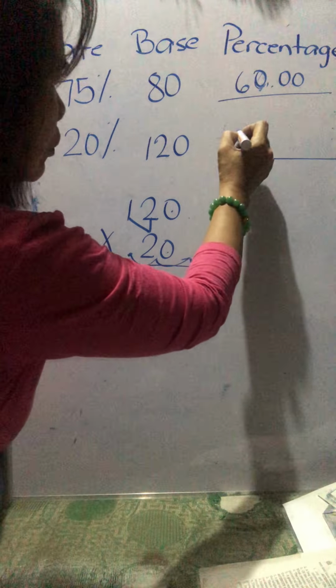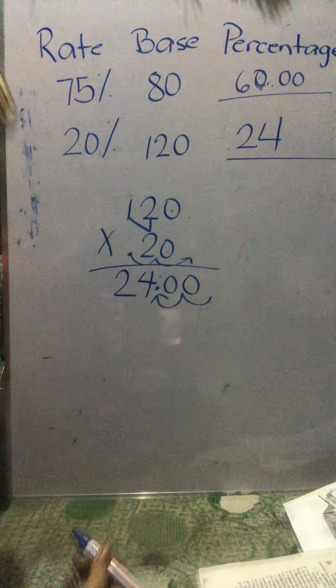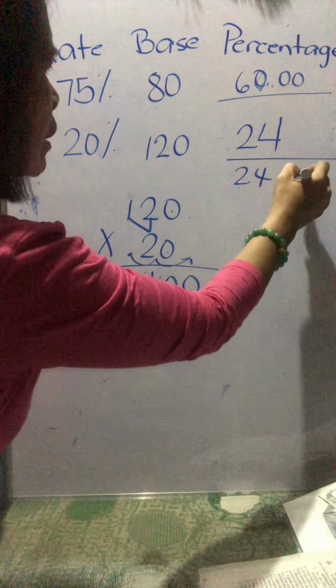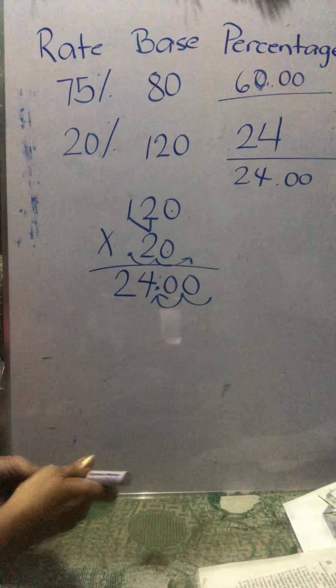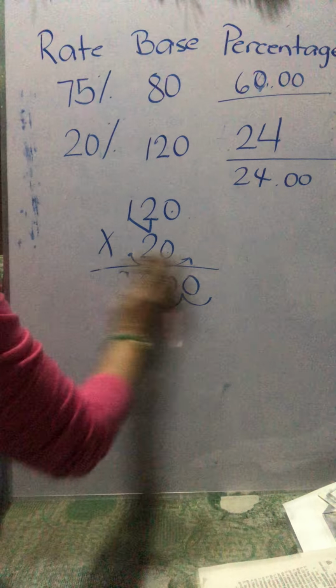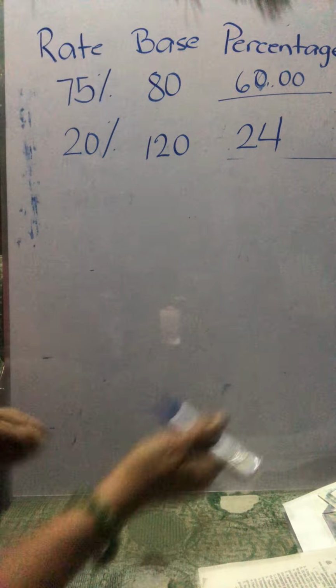Okay, lagay natin dito. 24. Ayan. 24 or 24.00. Pareho lang. Okay? And then here, we have here, sabi niya, 105%.